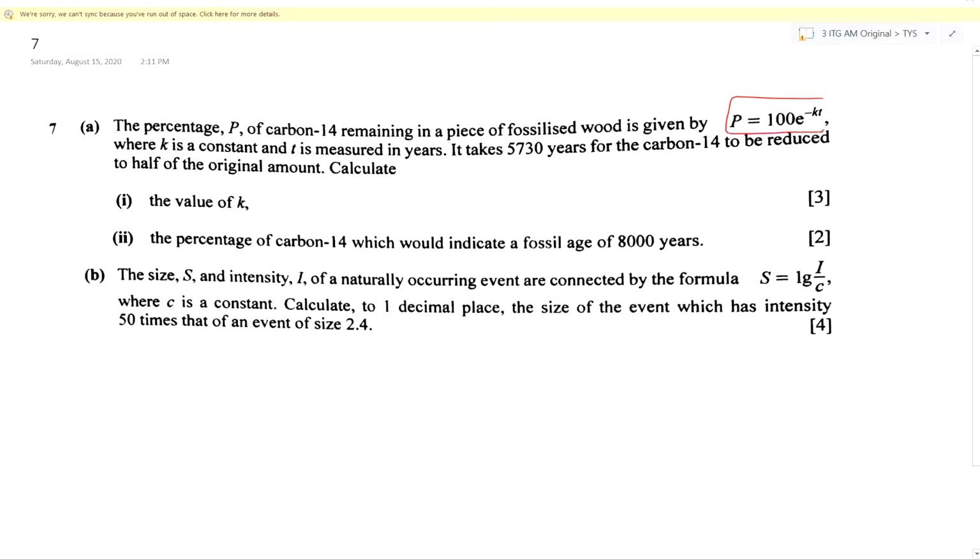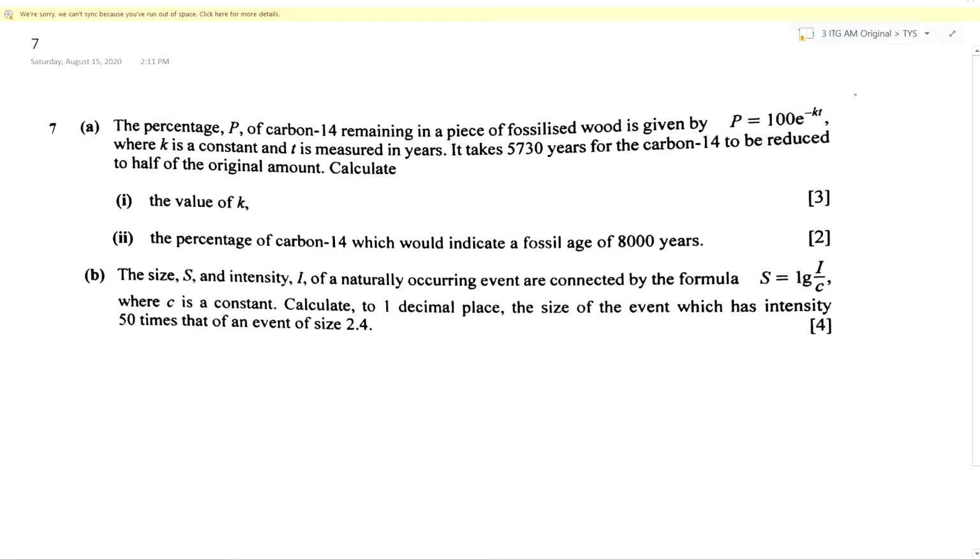When you see this kind of expression, e to the power of negative k times the time, where t is the time measured in years, we know that when t is equal to 0, negative k times 0 will still be 0, and e to the power of 0 is 1. Which means that when time is equal to 0, we have 100 times 1, and that is the percentage. And that, of course, would make sense because we start at percentage 100.